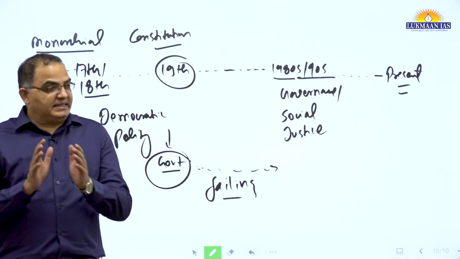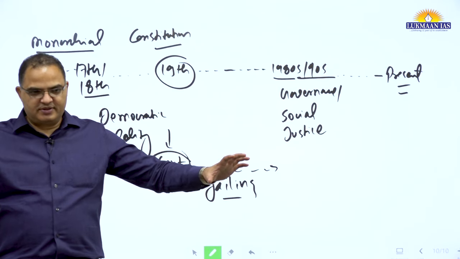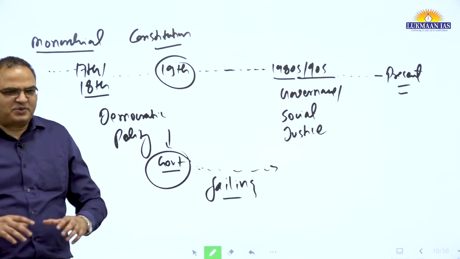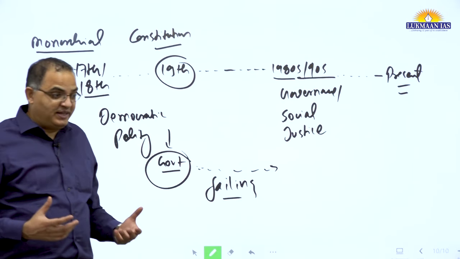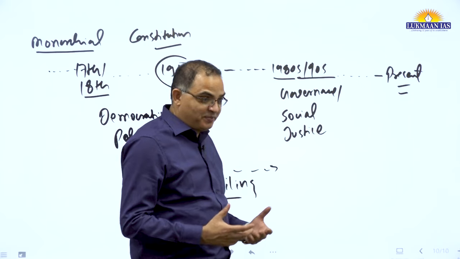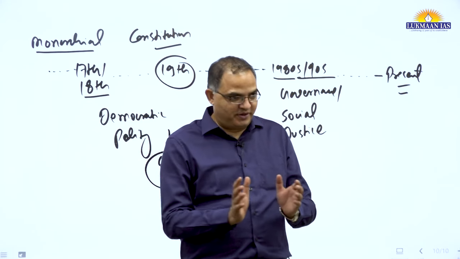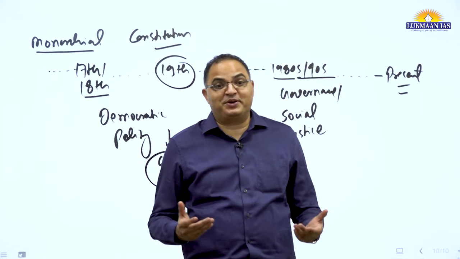So, state, people, government. This is the relation. Now, the government does not have to only govern. It has so many things to achieve. It has to see whether people are able to realize their potential. When we teach you fundamental rights, why fundamental rights? We say it is related to the potential of people.